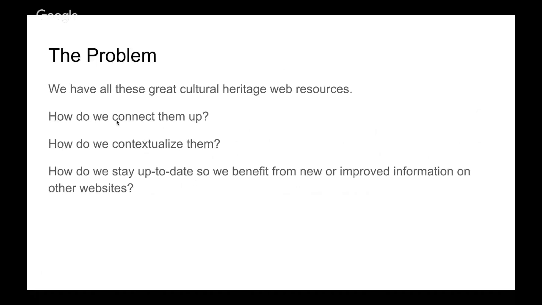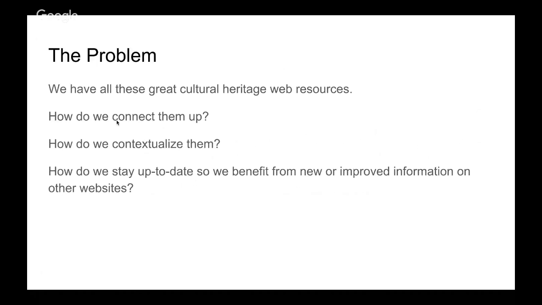we publish online. Another problem is how do we contextualize the stuff that we publish? And again, this is linked to connecting things up as well. How do we find relevant information about our resources that might come from elsewhere?